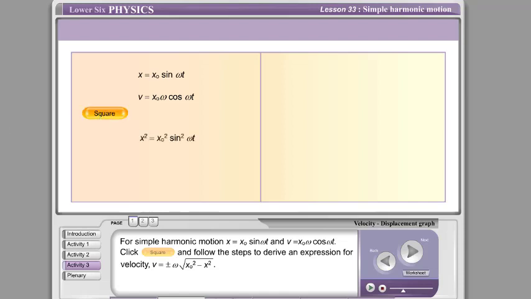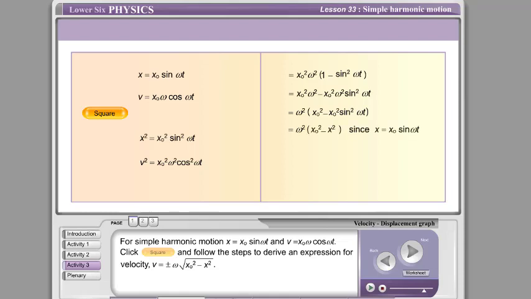On squaring we get x square equals x naught square times sine square omega t and v square equals x naught square times omega square times cos square omega t, which equals x naught square times omega square times 1 minus sine square omega t, which equals x naught square times omega square minus x naught square times omega square times sine square omega t, which equals omega square times x naught square minus x naught square sine square omega t.